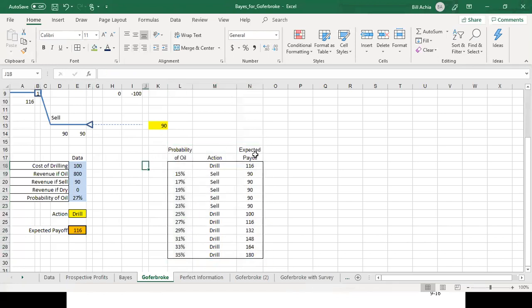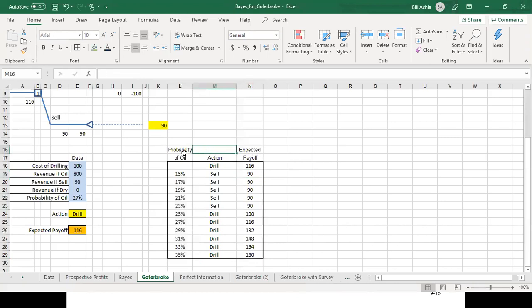Okay, and for each option, if we decide to set a probability of, say, 15, if you set up your spreadsheet right, you should be able to determine what exactly that expected payoff would be with a given probability associated with whether we're going to get oil or not.